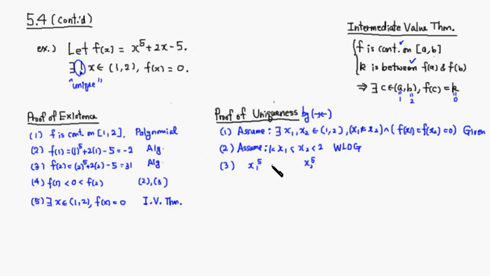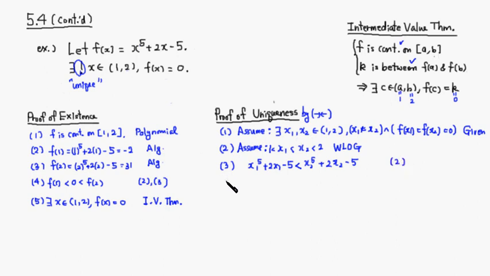In the same way, if you compare 2x1 and 2x2, obviously 2x2 is larger than 2x1 because x2 is larger than x1. Then subtracting 5 from both sides doesn't change anything. So we have this inequality, with the right hand side definitely larger than the left hand side. This comes from line 2.